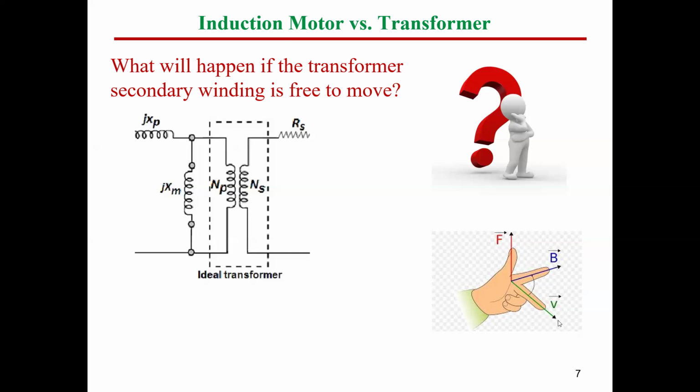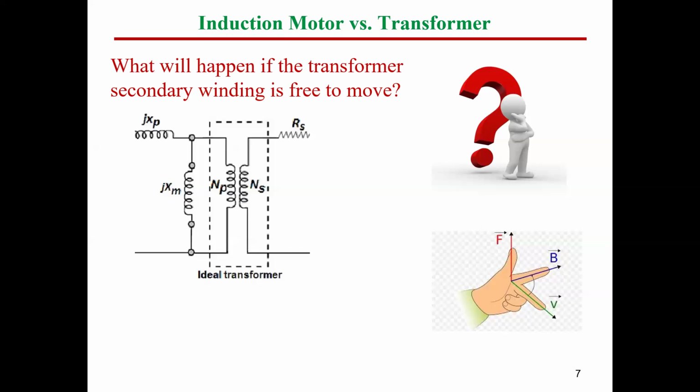For the motoring mode, if you have the supply and field, the force will be generated. Which means for the transformer, since the field already exists through the magnetic core, and you supply the electricity from the primary side, in this case, if the secondary side is free to move, it will move because there will be some forces on the coils.